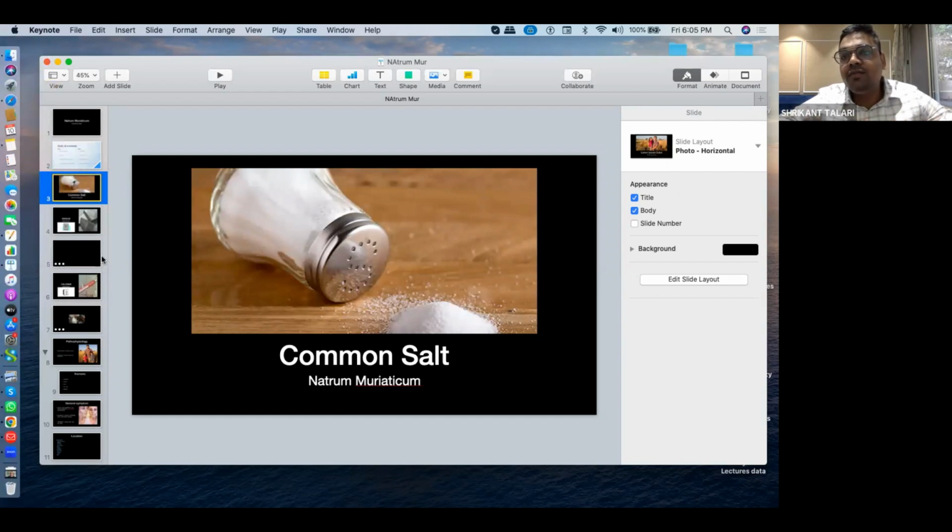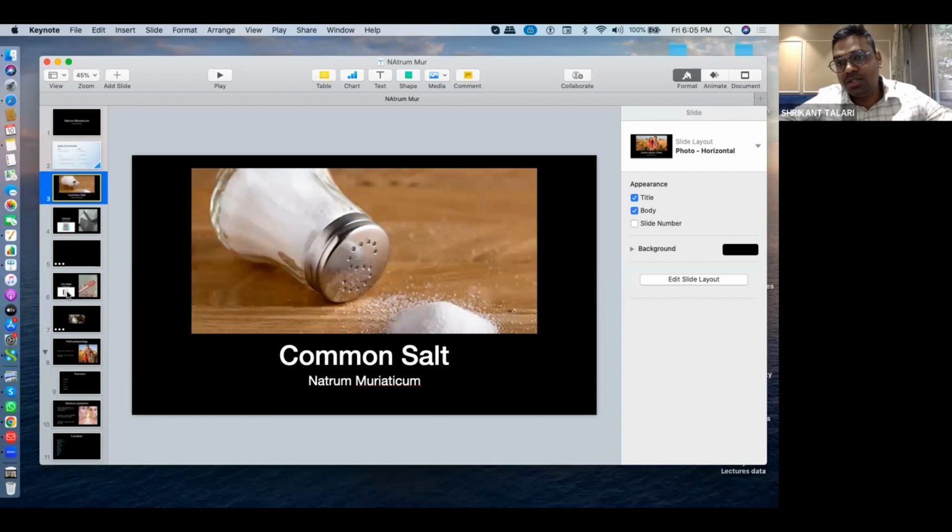For any kind of fluid exchange to take place in the body, sodium is needed. And if sodium does not function properly, then either there is fluid accumulation, which is a retention of fluid, or there is fluid loss.